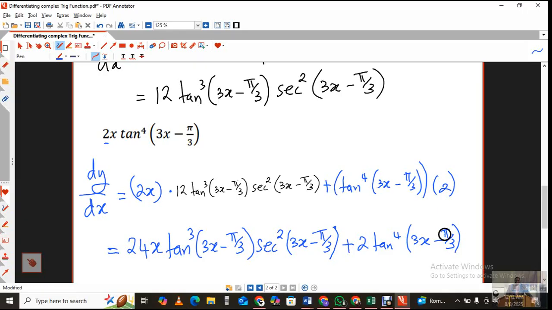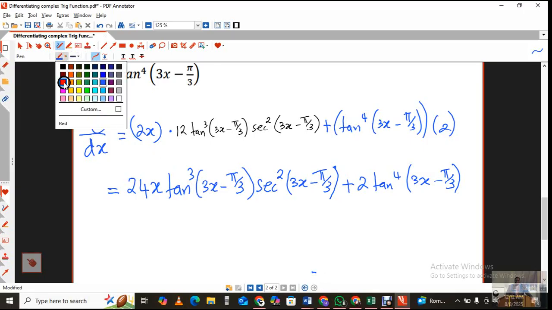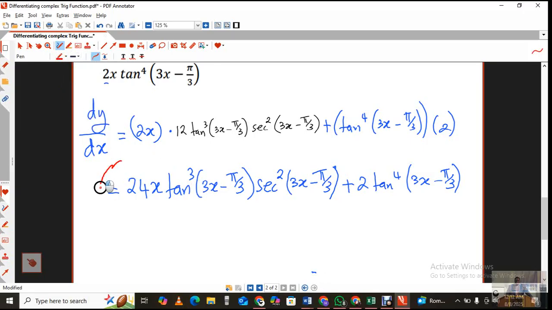Beautiful. And ladies and gentlemen, that there is the derivative of that function. Let me highlight it properly and nicely.